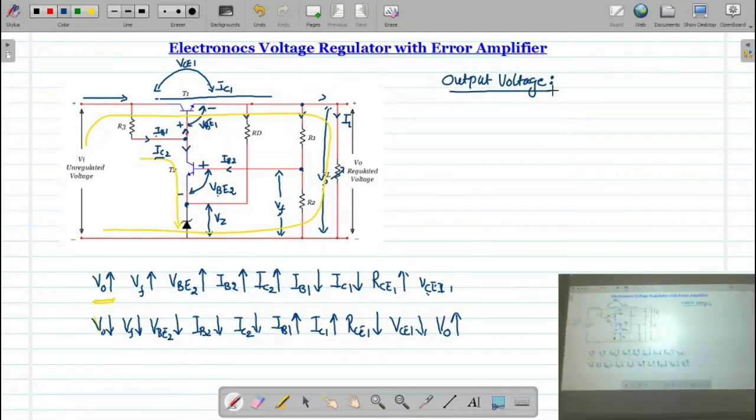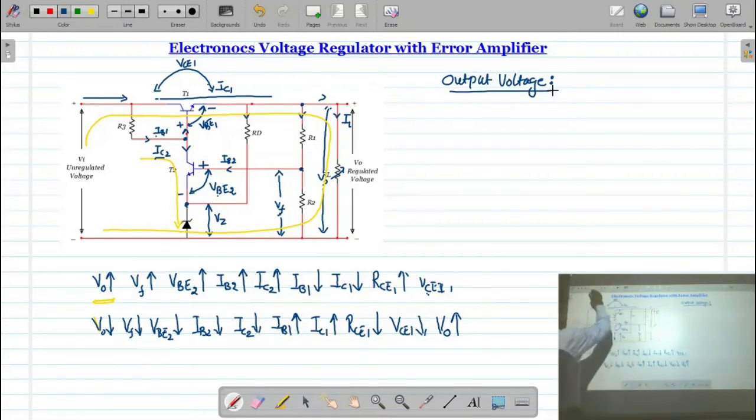Output voltage. Correct? Now, if you look at the circuit, then the output voltage is here. So this output voltage is equal to, we can write, the voltage across the R1 plus the voltage between the base and the ground.